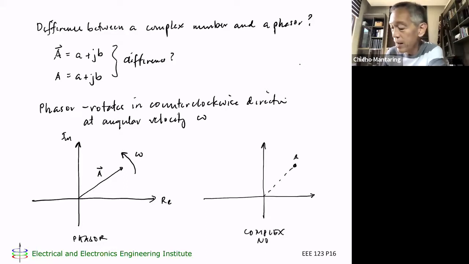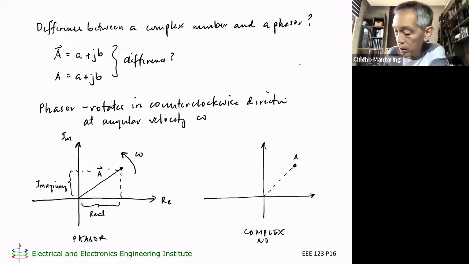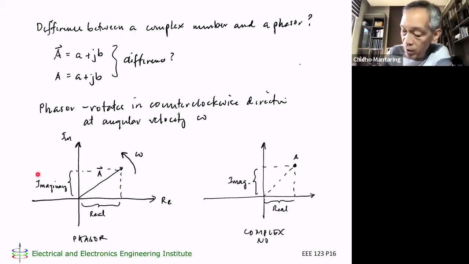But that's A. So this is a real part, this is also an imaginary part. The same goes for this one: this is a real part, and this also has an imaginary part. But this one rotates, while this one just stays there.